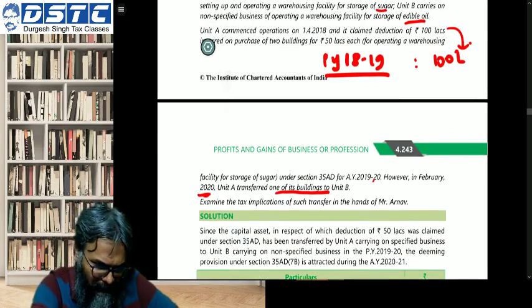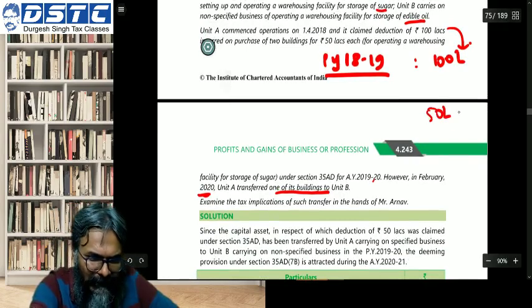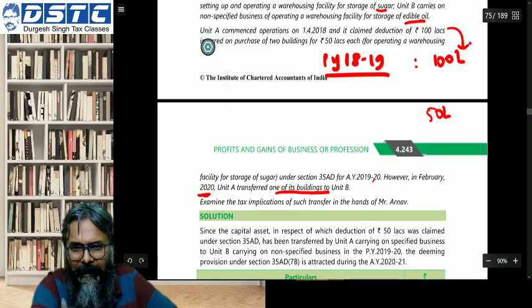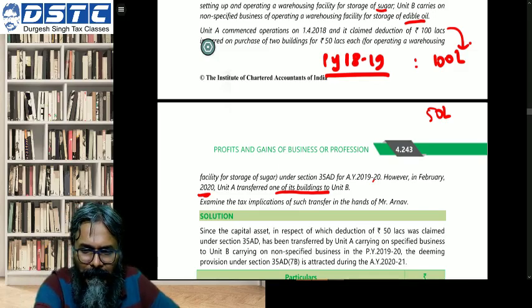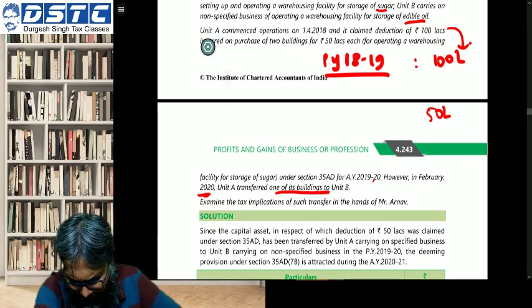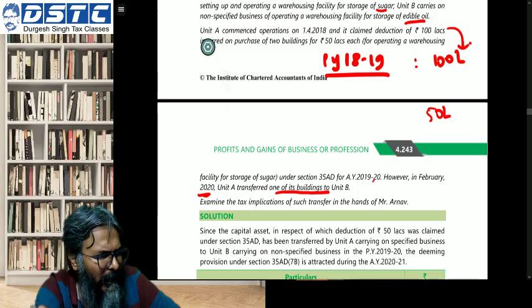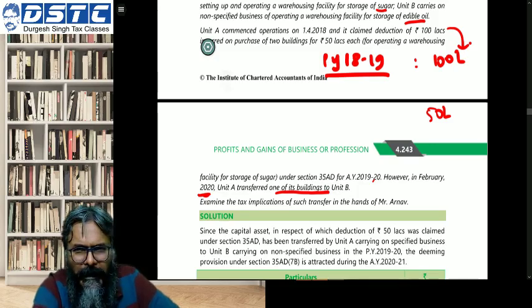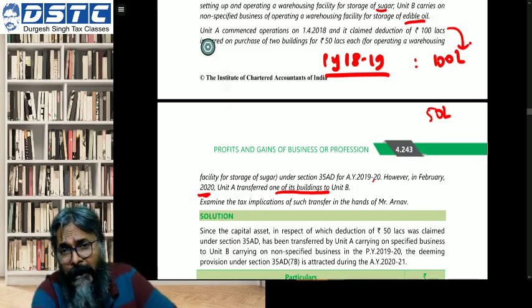For one building of 50 lakhs, you will take away the deduction because 8 years was the lock-in period, whereas you have transferred to the non-specified business within a period of 8 years. So therefore it will result into a deemed income. You will take away the deduction of 50 lakhs. But will you take the full deduction of 50 lakhs?